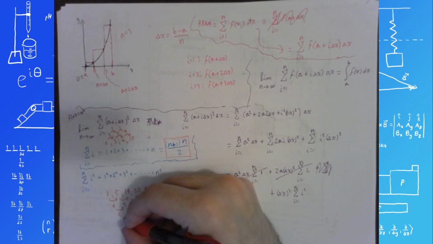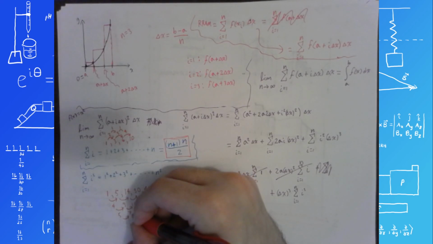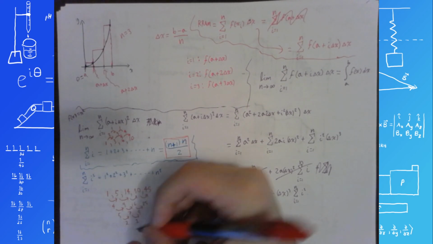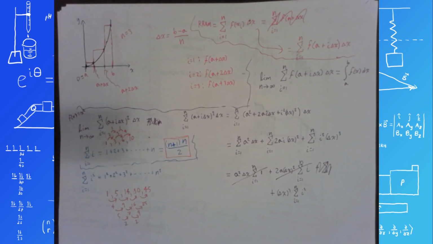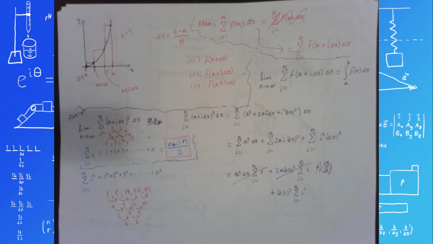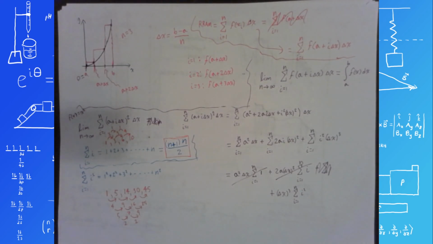Oh, and if I take a look at the differences between the second differences, I'm getting a constant 2. So my third difference is constant. That tells me I'm looking at some sort of third degree polynomial.